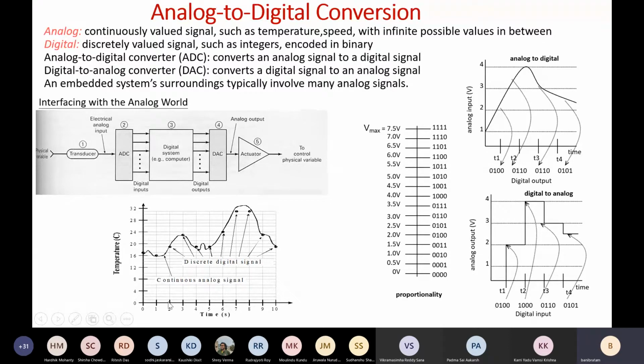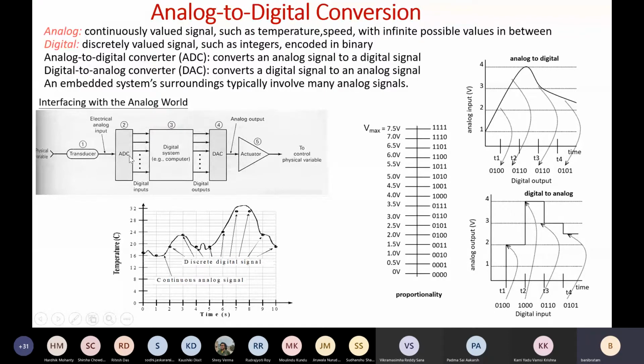We sample an analog signal at regular intervals, fine. And those interval values we represent using binary representation, using 4-bit, 8-bit, 16-bit configurations, right? And that will give you the digital signal.